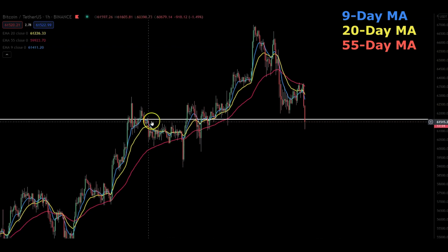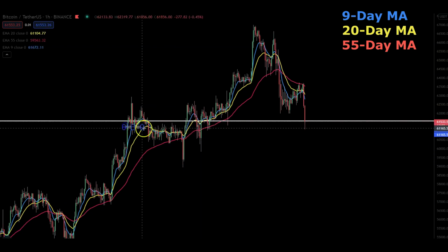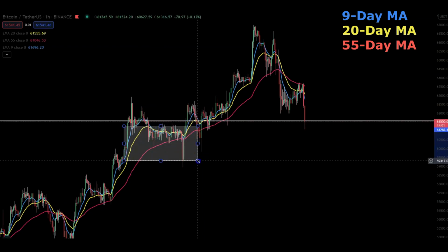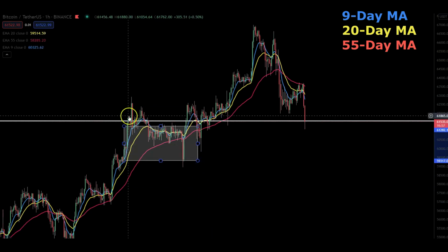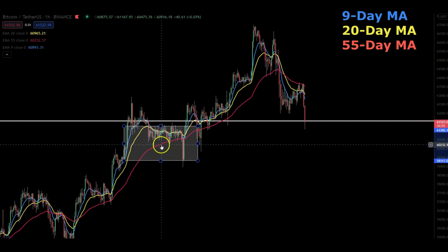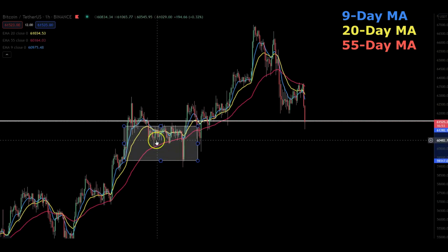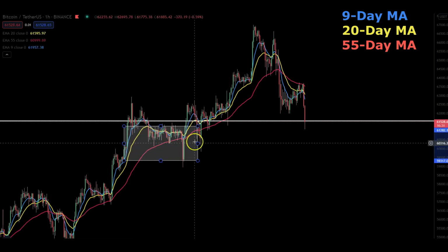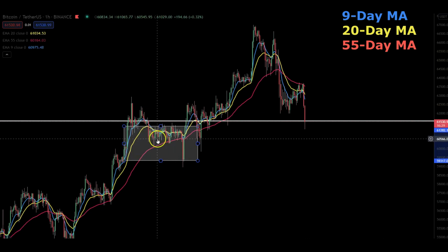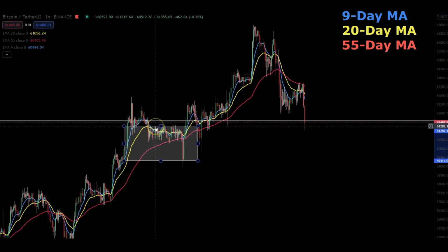You can see it in this area. If you look in that area, we see a cluster going on here. Bear in mind we're on a 1 hour time frame. So over the course of what looks like a 24 hour period, we see the price of Bitcoin just playing around at this area of support and resistance.